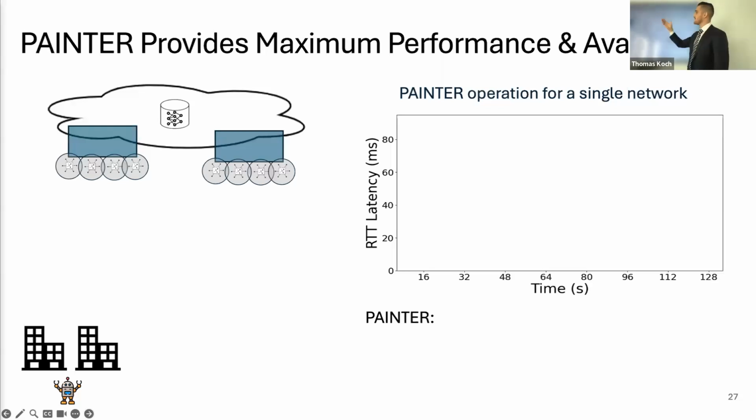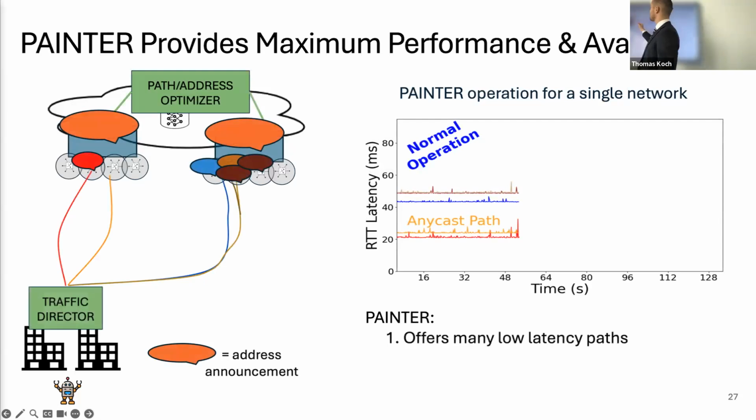Painter's path and address optimizer computes the best addresses to advertise from its network. And here it's choosing, okay, I need to advertise a red one from over here and a blue one at this site and some brown ones over here. I'm also going to advertise an Anycast address just for comparison. Each of those bubbles is a different address being advertised.